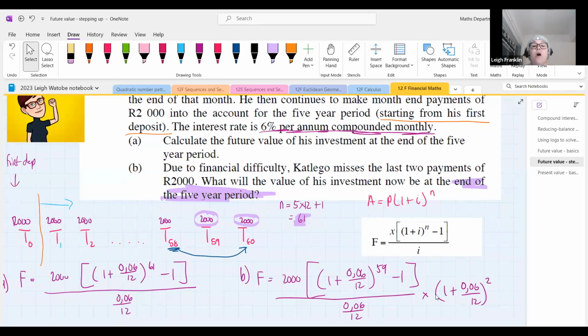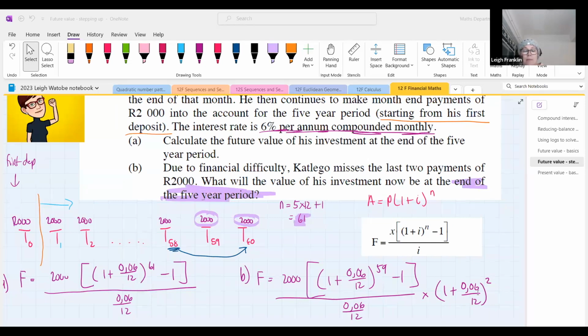Okay, so Leanne, why did we multiply it by 1 plus i? Because the money had to stay in the account. His last payment was at T58, but the money stayed in the account from T59 to T60, so for another 2 months.